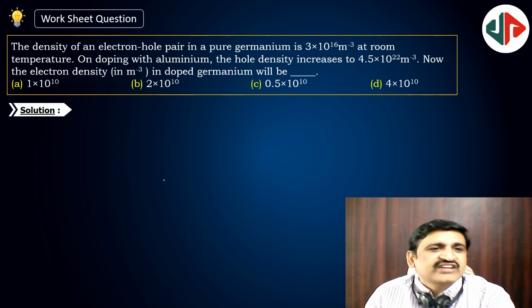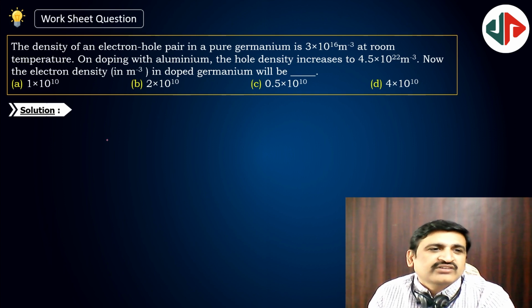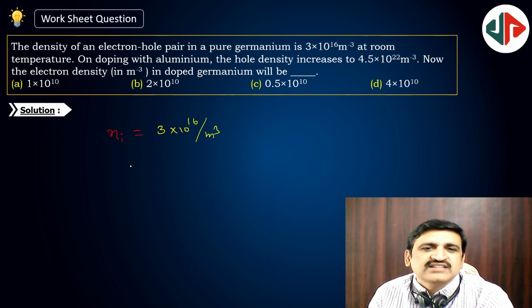The density of electron hole pairs in pure germanium is 3 into 10 to the power of 16 per meter cube, that is Ni. At room temperature, on doping with aluminum, the hole density increases to Nh, 4.5 into 10 to the power of 22.